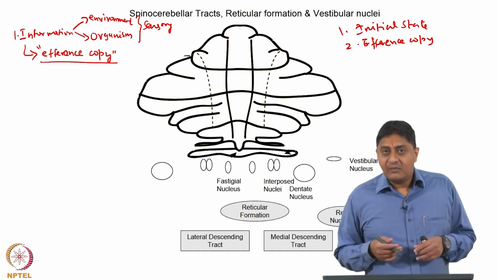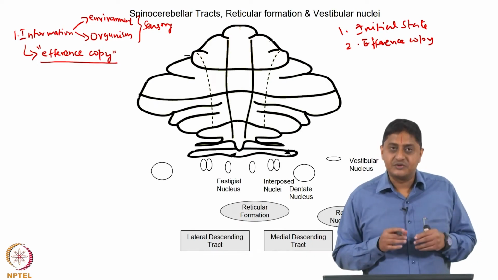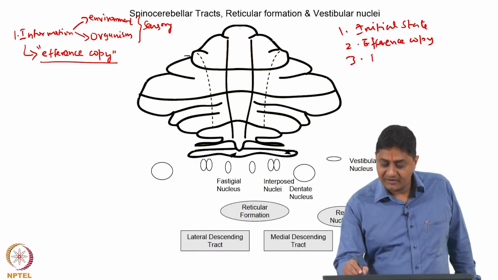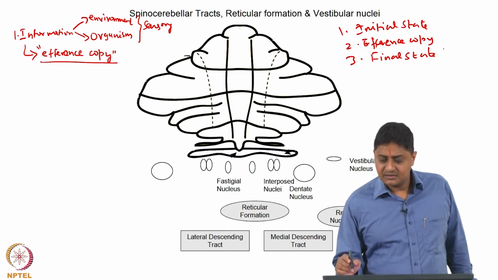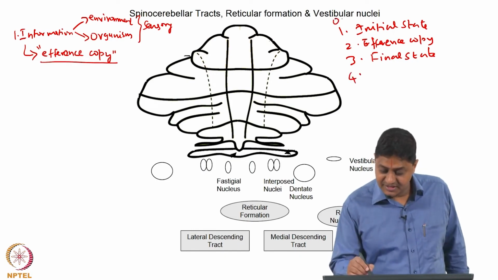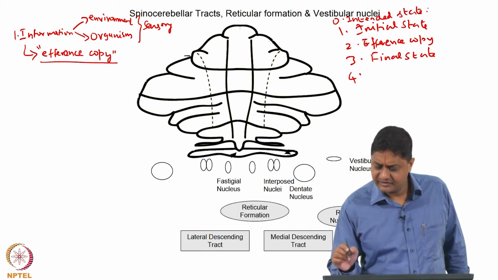By the way, if you give a command, it does not mean that you will be in a position to exactly execute what is intended, right. So, you also know the final state. What is the goal? You know the intended state, you know the initial state, you also know the intended state. How do you know the intended state?